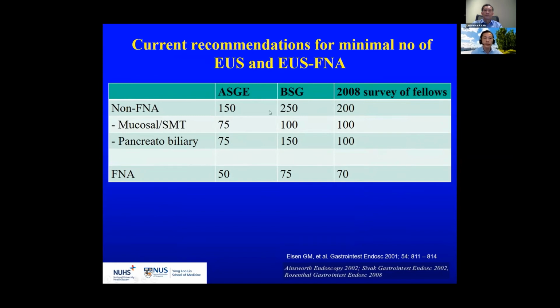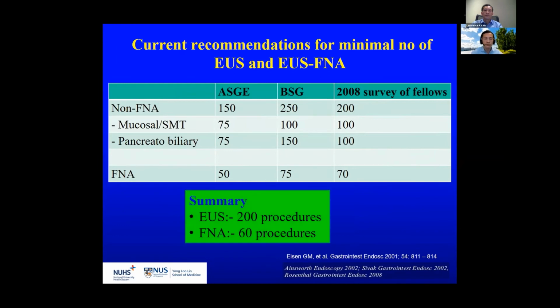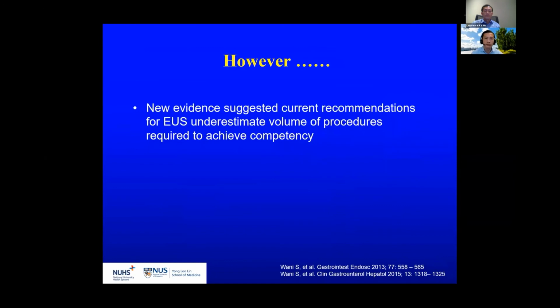If you look at ASGE, BSG, as well as a survey conducted many years ago among fellows, you can see that the numbers are slightly different. But the summary suggests you need something like 200 procedures for EUS and 60 procedures for FNA in order for a trainee to become competent. So that was generally accepted.